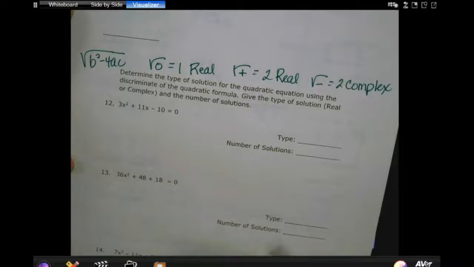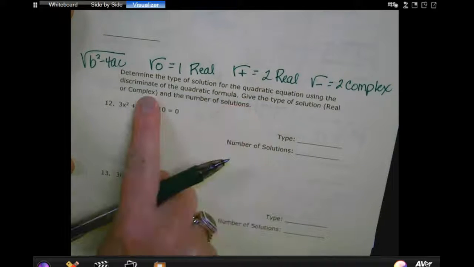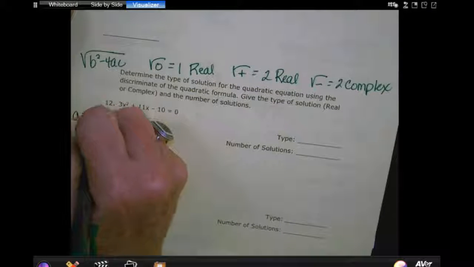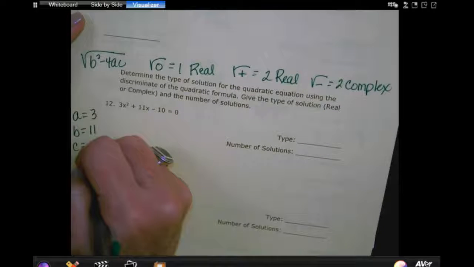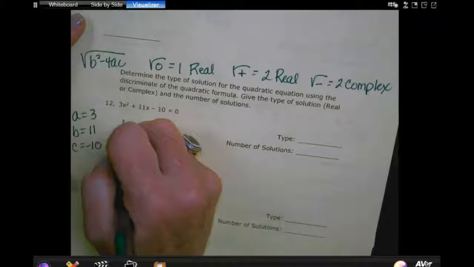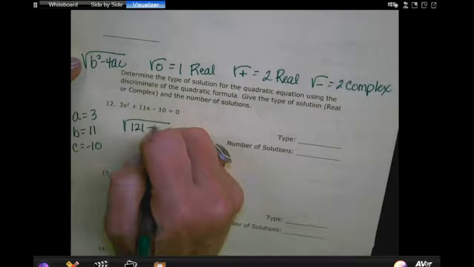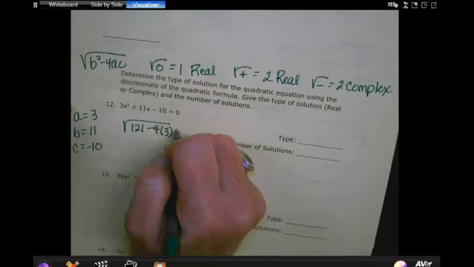So it says determine the type of solution for the quadratic equation using the discriminant. So my a is 3, my b is 11, and my c is negative 10. So I'm just checking the discriminant. So b squared is 121 minus 4 times 3 times negative 10.